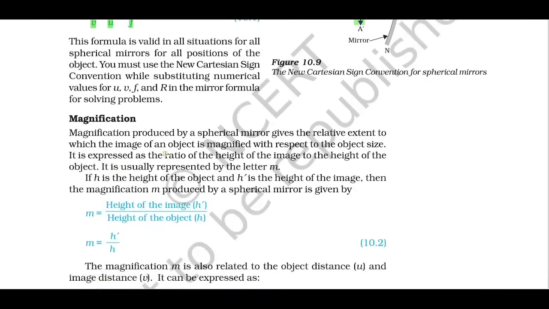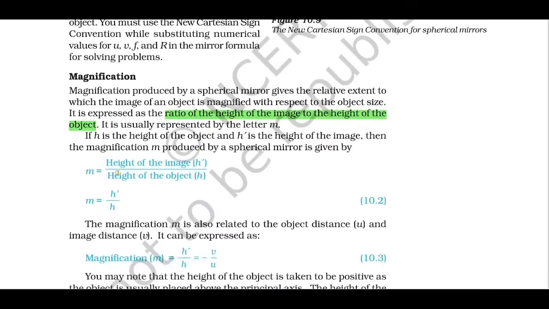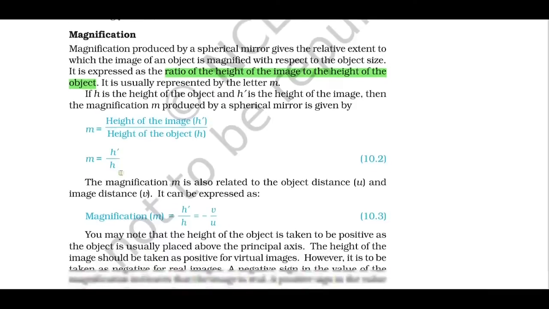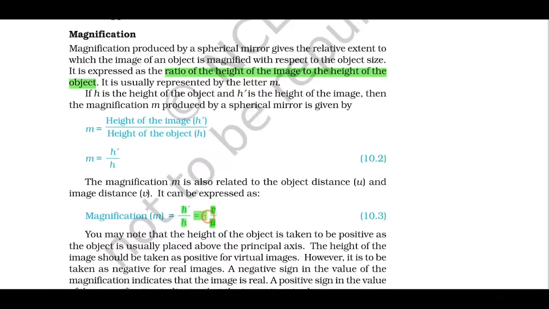Otherwise it is expressed as the ratio of the height of the image to the height of the object, right? So magnification is equal to the height of the image divided by the height of the object. You can also express it as the ratio of image distance to object distance.